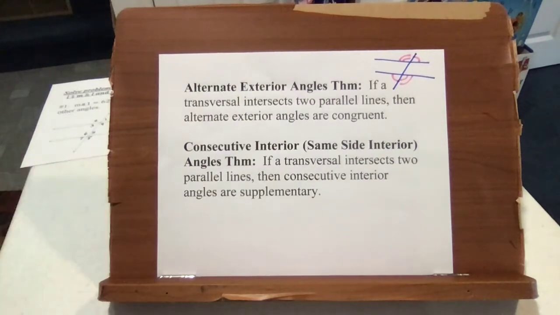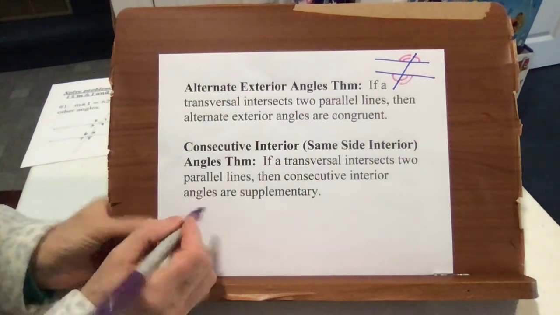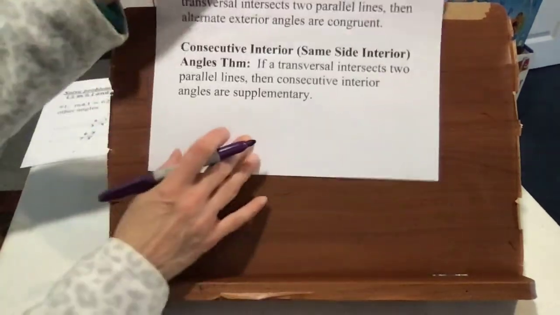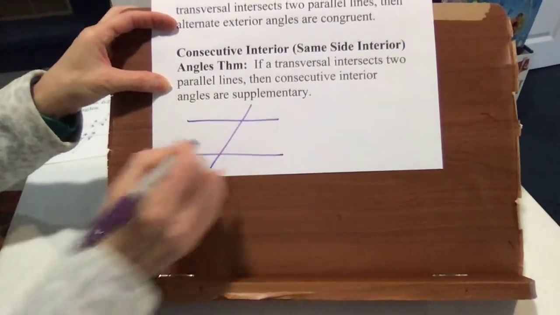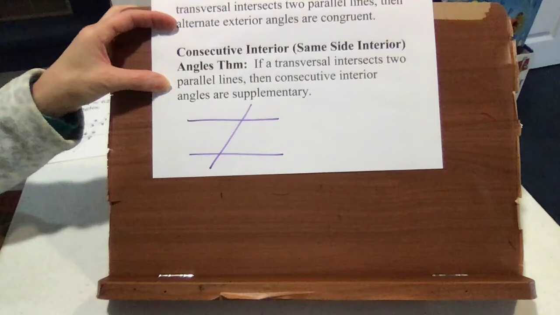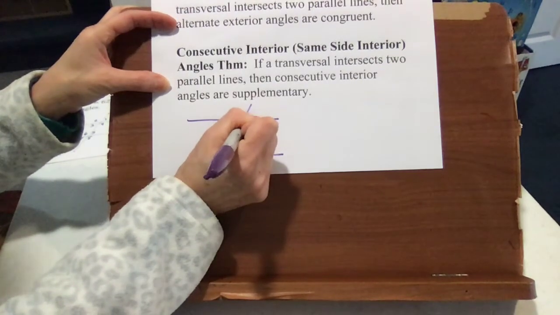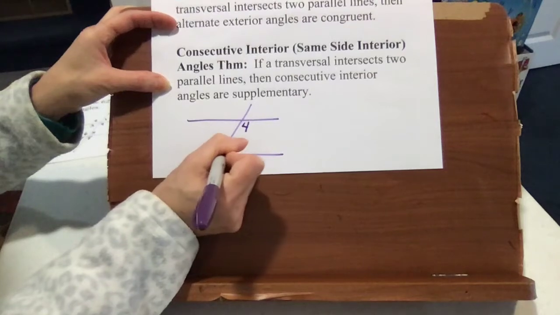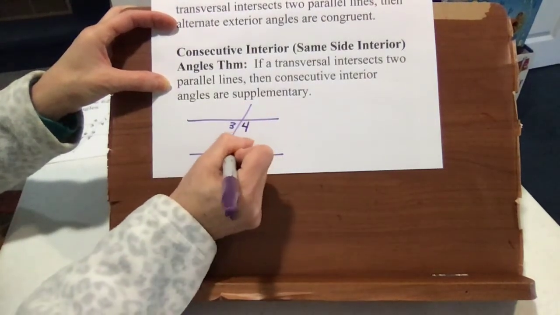And lastly, consecutive interior angles. If a transversal intersects two parallel lines, then consecutive interior angles are supplementary. What that means, let me draw that a little bigger, this way. I'm going to name these. I'll name that 4, and this 6, and this 3, and this 5.